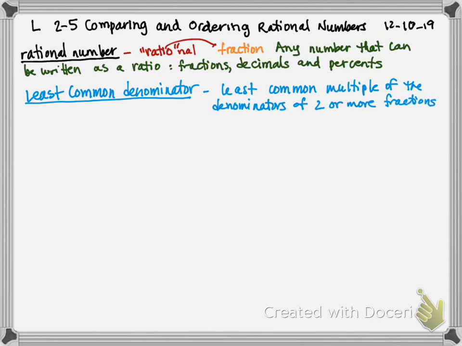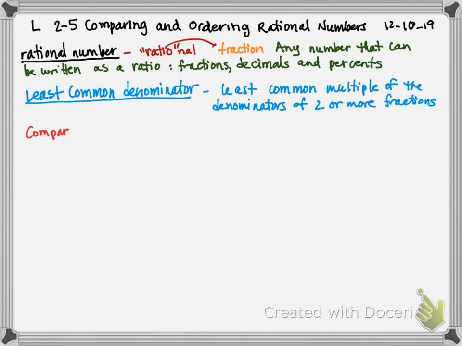Now why that becomes important in this lesson is because we may have to compare and order. So compare, is this one larger, is it smaller, is it equal to, and then we may have a whole slew of fractions and we have to put them in order from least to greatest or greatest to least. So we're going to talk about this in terms of comparing and ordering fractions.